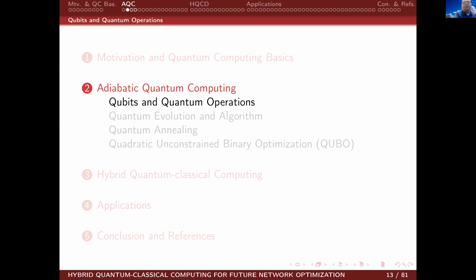And after that, we will introduce how we apply the quantum annealing algorithm to solve optimization problems. This kind of optimization problem is the quadratic unconstrained binary optimization problem. And this model can currently help us solve some integer binary optimization problems. This is the overview of this section.